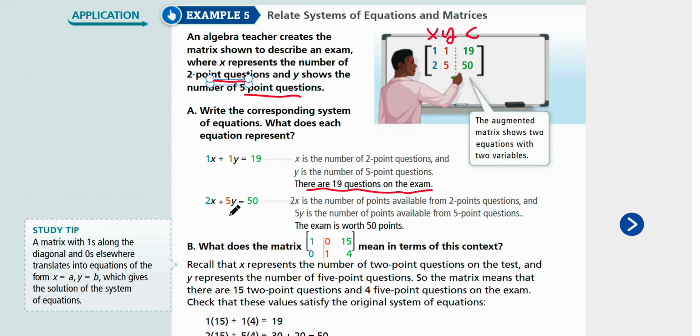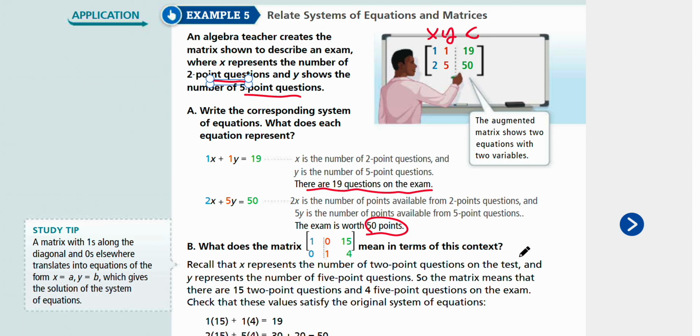So that probably represents our points. 2 times x will represent how many total points we got for 2-point questions, and 5 times y, the number of 5-point questions, would represent the total points for 5-point questions, and they're adding up to 50 points. So the exam is worth 50 points. Looking at the augmented matrix, we can convert them into equations and figure out what they mean.